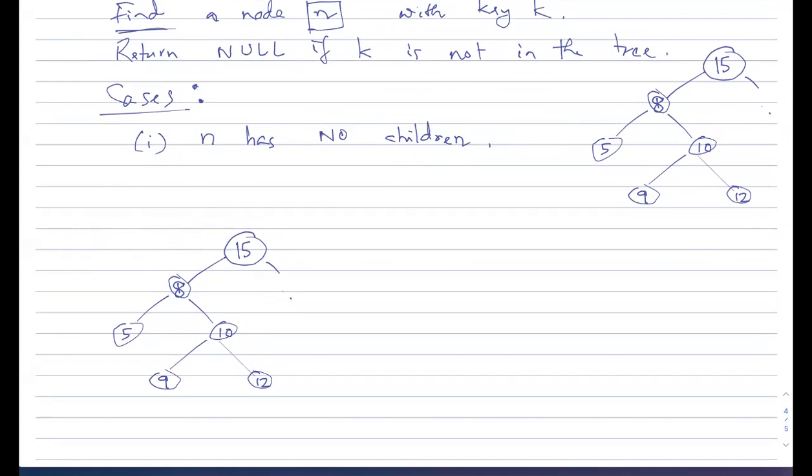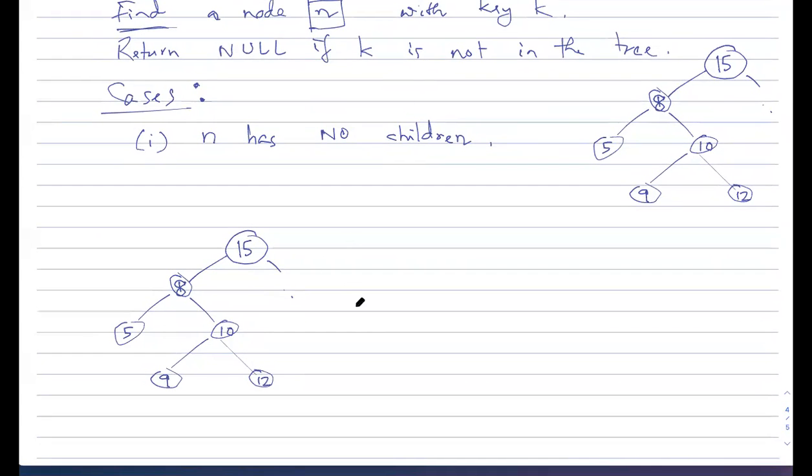Suppose I want to remove the key 9. All I have to do is detach it from the parent. So n is here 9, and this is what we are interested in removing.